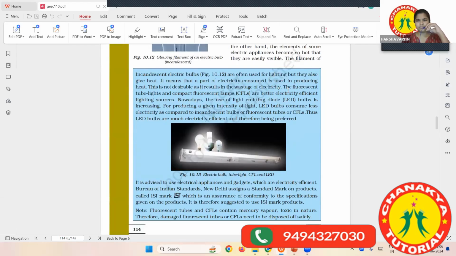This paragraph: LED bulb consumes. So, LED, you are talking about LED. The fluorescent tube lights, compact fluorescent lamps, CFLs are better electricity efficient. Nowadays, the use of light emitting diodes, so they call them LED bulbs, is increasing. For producing a given intensity of light, LED bulbs consume less electricity as compared to incandescent bulbs or fluorescent. They are a more advanced version of CFLs also.